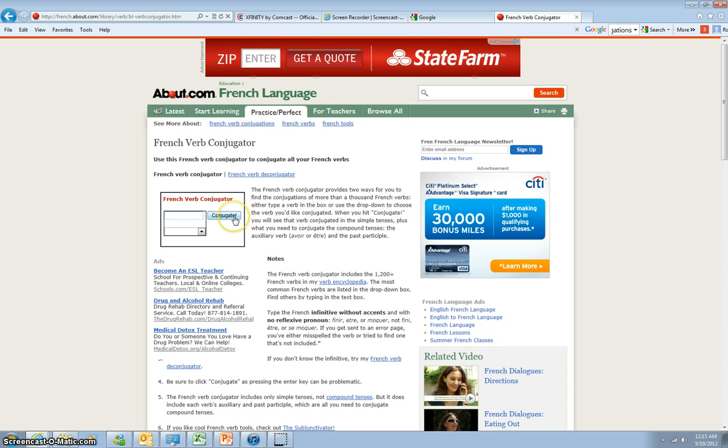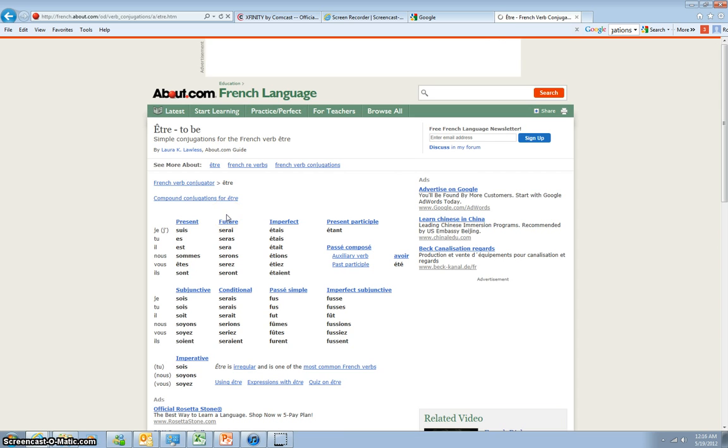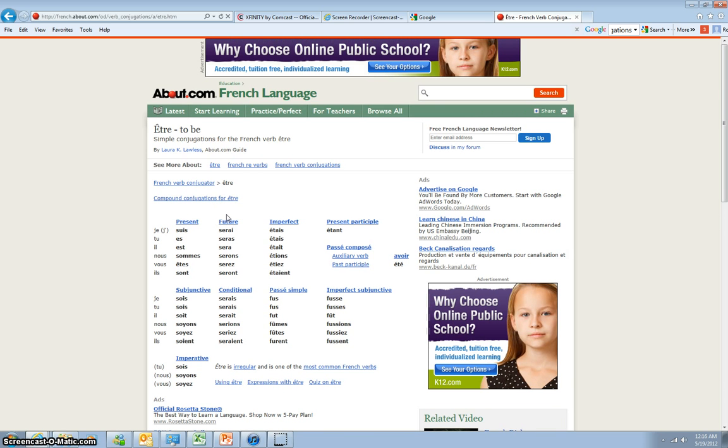The example I'm going to place in here is être. That's the verb we're talking about. When you click on the button that says conjugate, it will bring up quite a few tenses here. We have only discussed the passé composé and the present tense. So if you notice, here is the present tense of the verb, and you notice also the auxiliary verb for être is avoir, and the past participle is été.